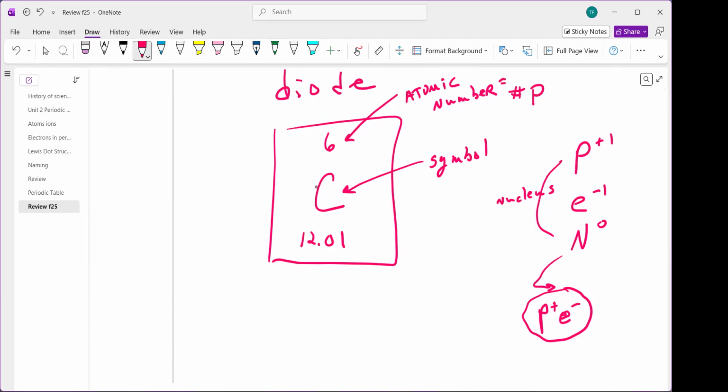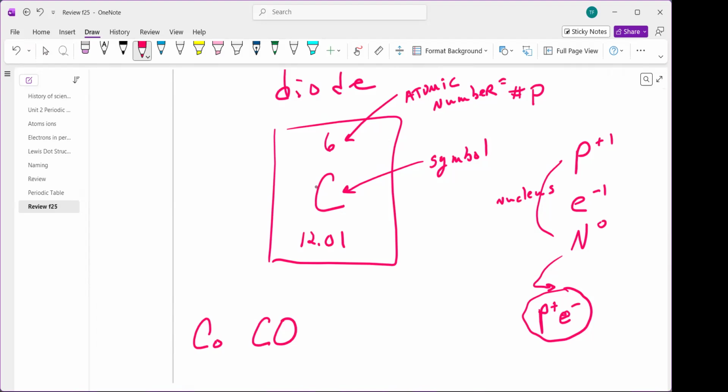That's the symbol for carbon. Now the symbols are either 1 letter or 2 letters. Now it's absolutely important to write them correctly. CO, CO. On your left is cobalt. On your right is carbon monoxide.